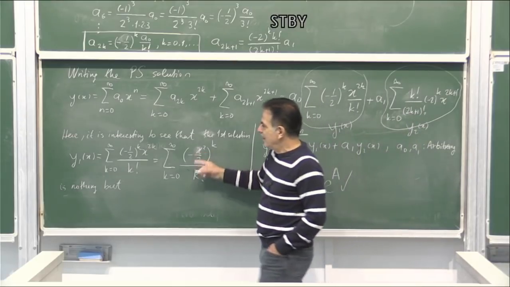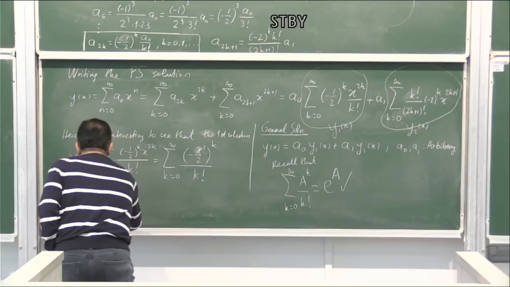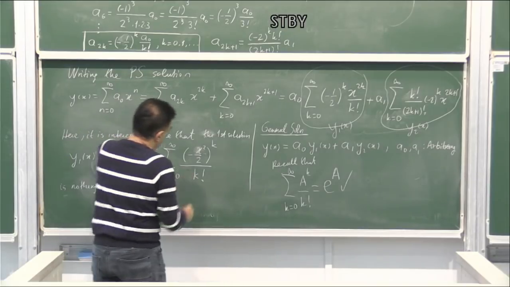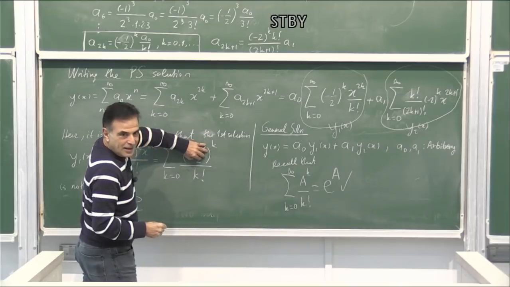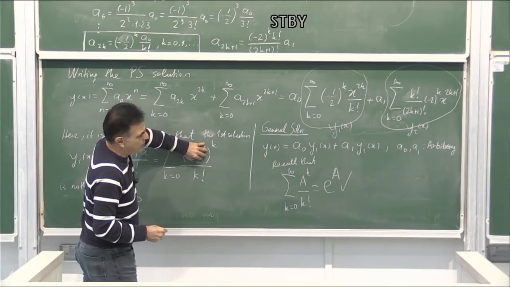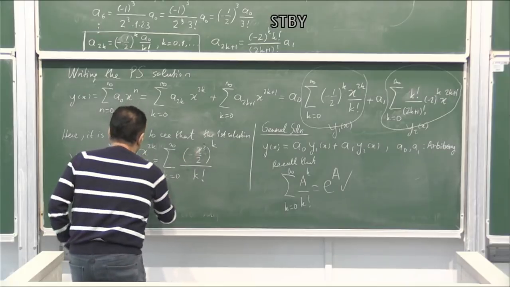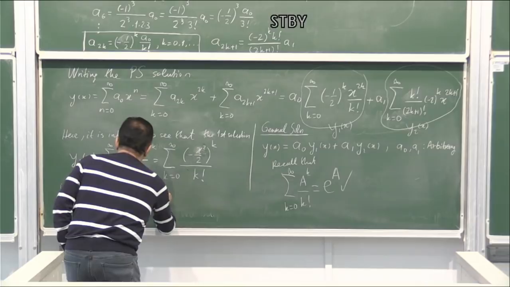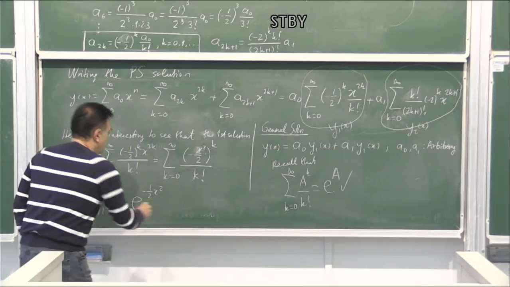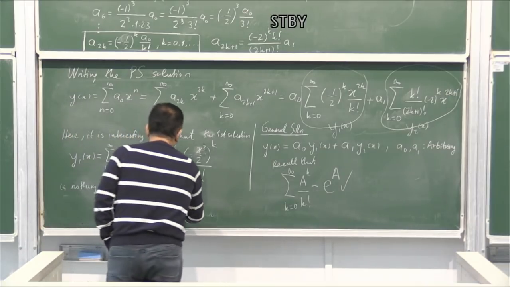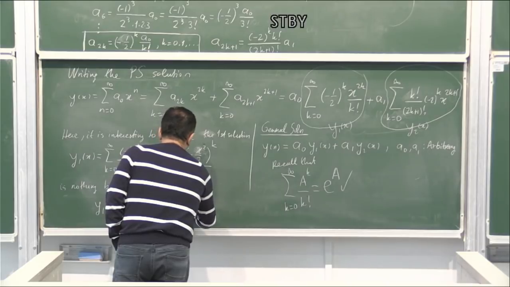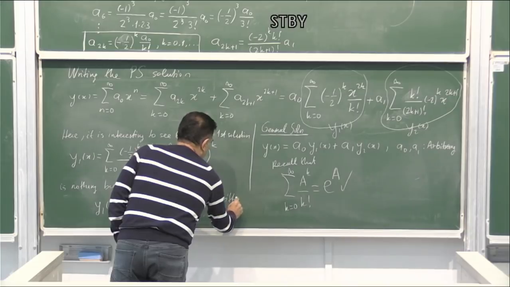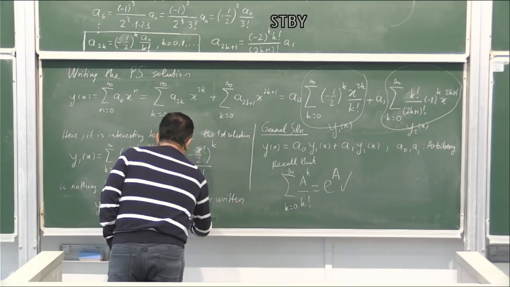So it is nothing but e to power, so look, the exponent of our exponential function is minus 1/2 x squared. Good? Which can be written in closed form.